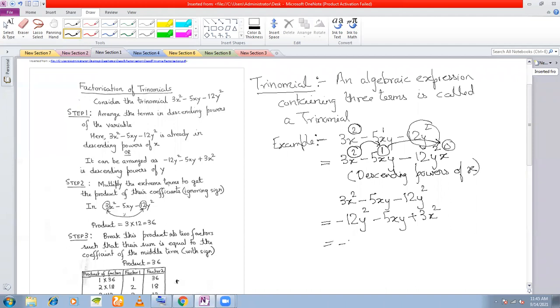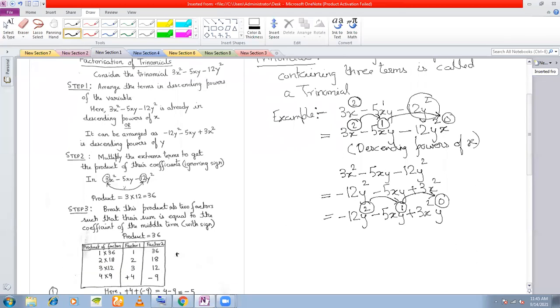Now you can write this as minus 12y squared minus 5xy plus 3x squared, and you can add a y to the power of 0 here. Now you see that the power of y here is 2, the power of y here is 1, and the power of y here is 0. So from 2 it goes to 1, and then it goes to 0. Therefore, this is also descending power of y. So either you can write it as descending powers of x or descending powers of y.